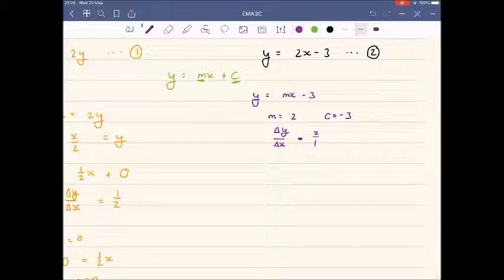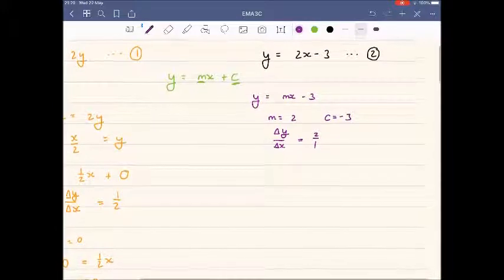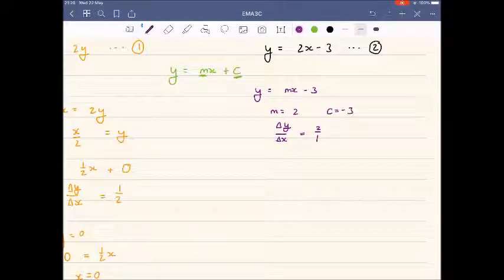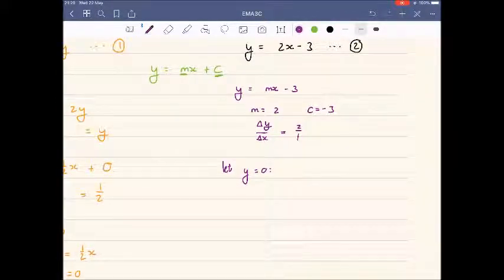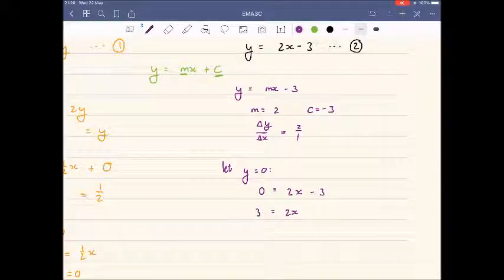We can now find a second point by plugging in a value that's going to make our lives easier. In this case, let's again let y equal 0. What are we left with? We're left with 0 equals 2x minus 3. Plus 3 to both sides, and we get 3 is equal to 2x.